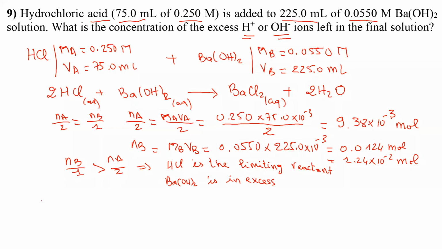The total quantity of barium hydroxide to react will be equal to Na over 2. Okay, so we know that the number of mole of base left will be equal to the number of mole of the base initially that we have, which is MB VB, minus the number of mole of the base that reacted, which is equal to MA VA over 2. Okay, so this is the number of mole of barium hydroxide that is left.